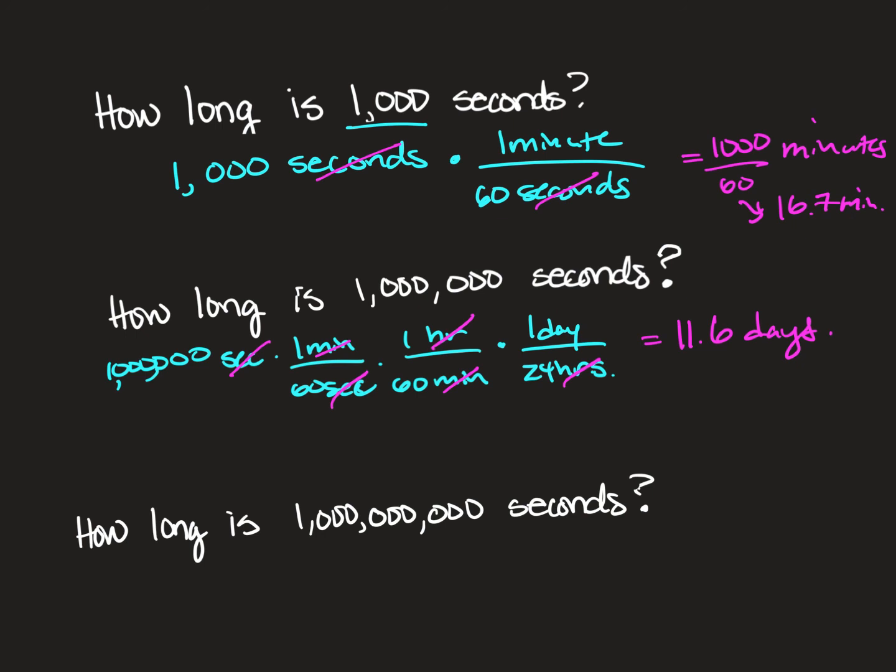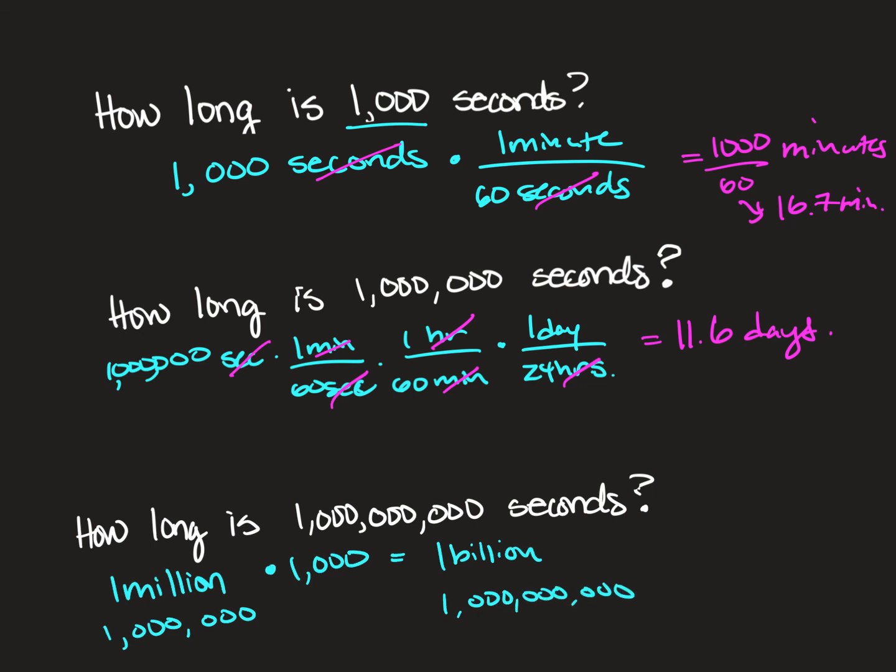Okay, and now you could certainly make an even longer one for 1,000,000,000 seconds here, but I also could know that 1,000,000, which is 1 with 6 zeros, multiplied by 1,000 is equal to 1,000,000,000, which is 1 with 9 zeros.